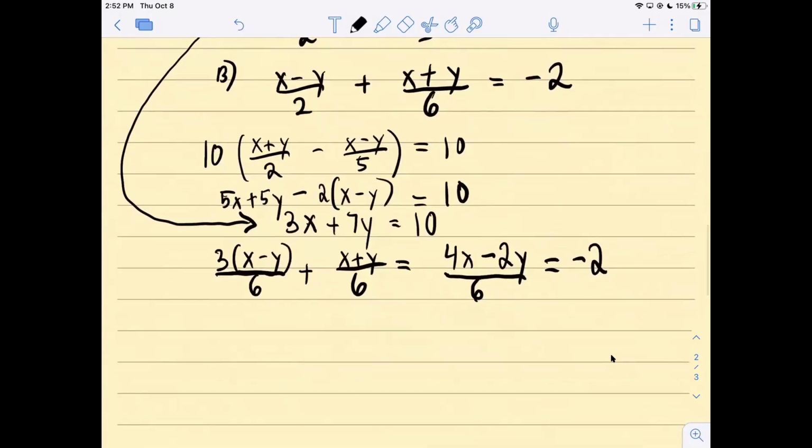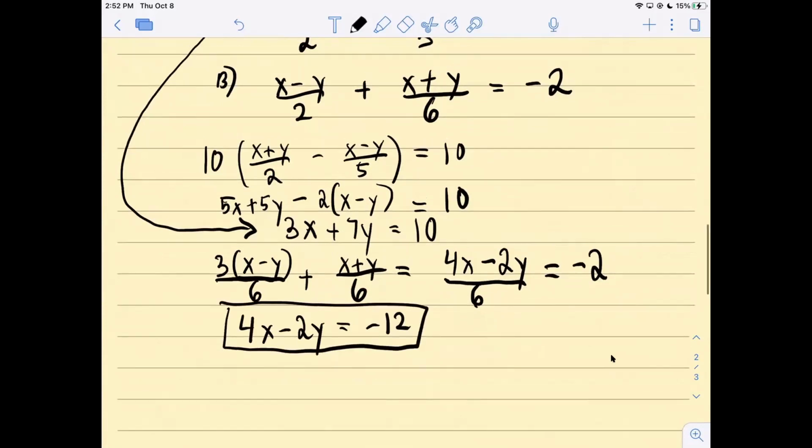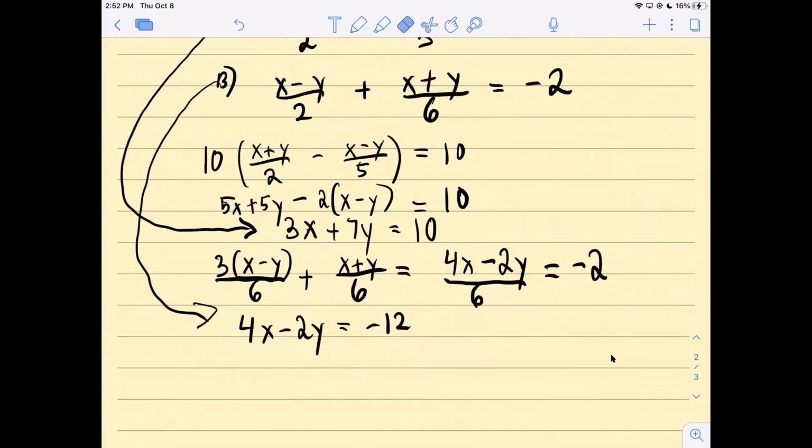And I'm going to multiply both sides by 6, so I'm going to write a new equation. 4x minus 2y is equal to negative 12. And that would be the next equation I have. So that would be B. Let me get rid of the box. All right.